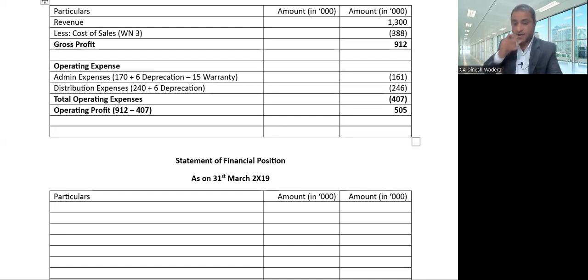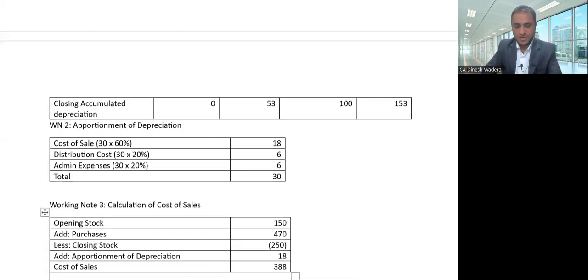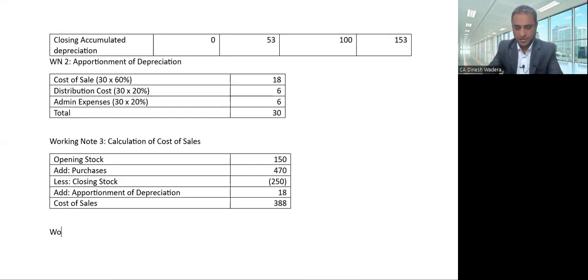All right. Now, why did we subtract the warranty provision? So let's make a note for this. Call it working note 4. Adjustment of warranty provision. See, there are always two types of students. One who makes a thumb rule, when to add, when to subtract, and one who learns logically.